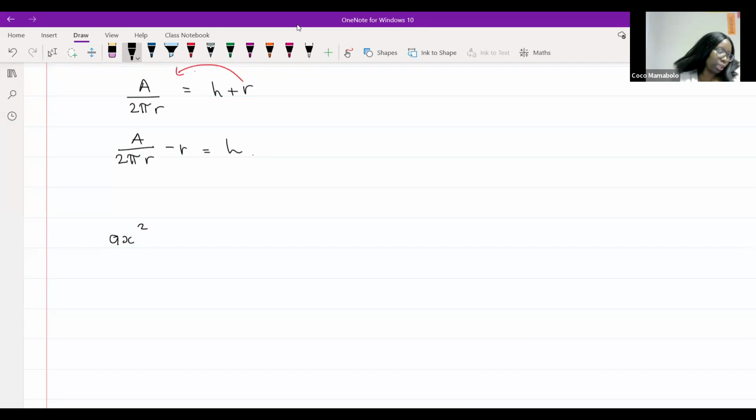ax squared minus bx is equal to ay squared plus by.